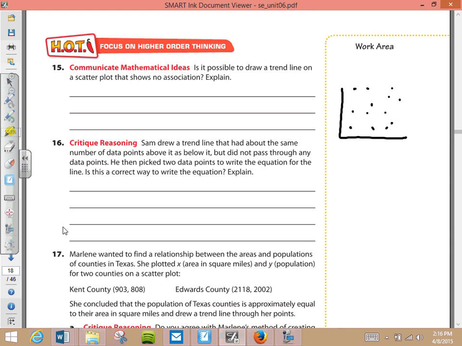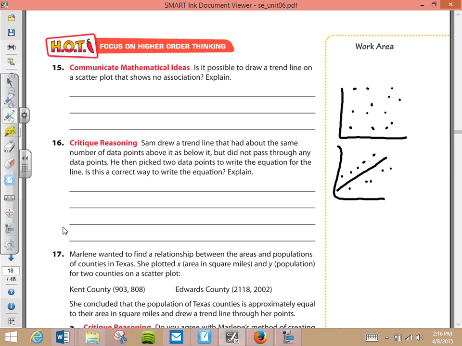He then picked 2 data points to write the equation for the line. Is this correct? What is a better way of explaining why that is not correct? You have to get the points from the intersection of the line.